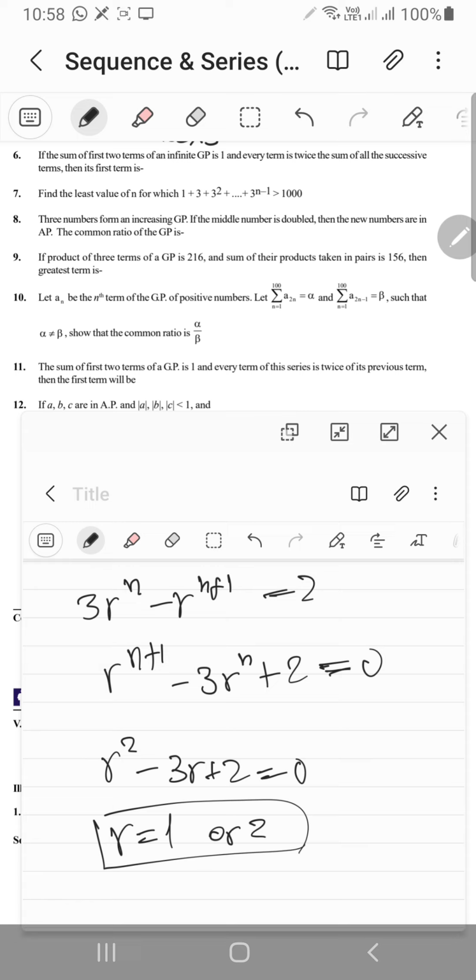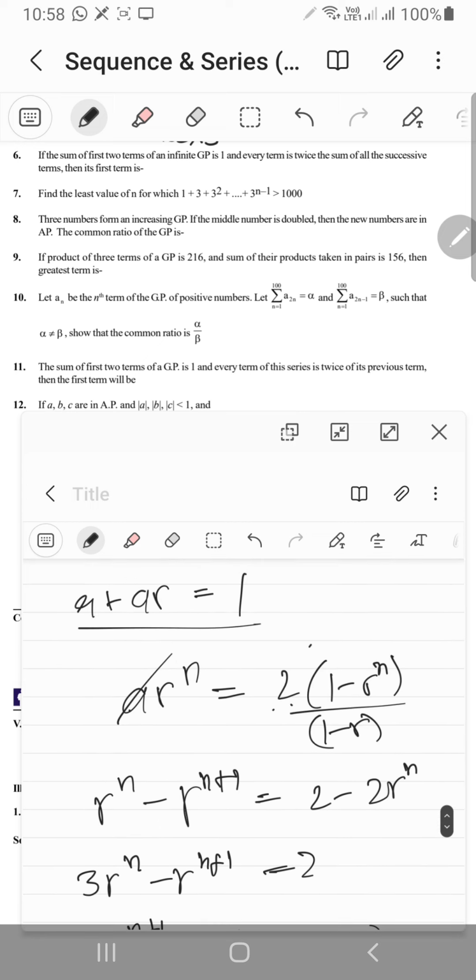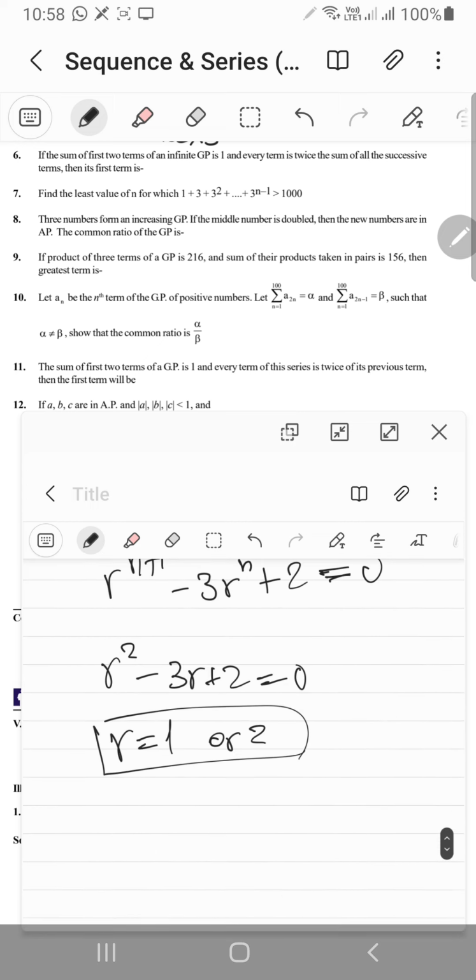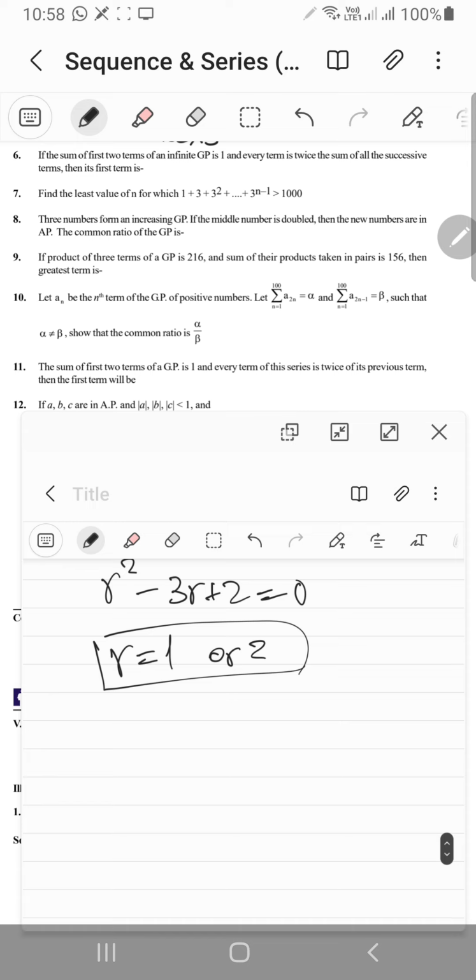Every term is twice the sum of all the successive terms. That gives us, for n equal to 1, so for the third term you will have ar squared. That thing is ar plus a. That just gives us r squared equal to 1. Hey, no, it should be 2 times of that, so it's 2 times of all of this.